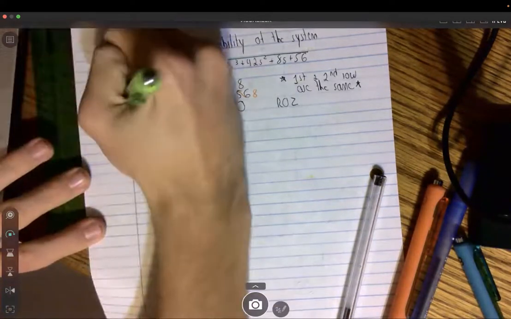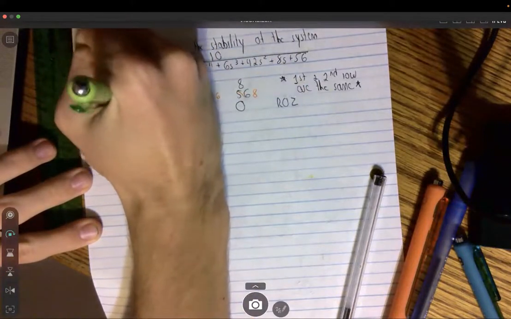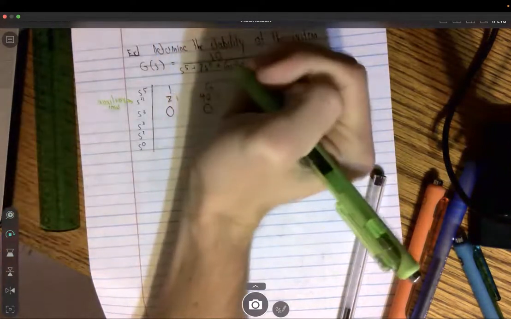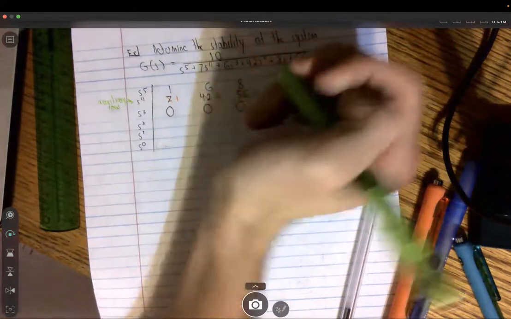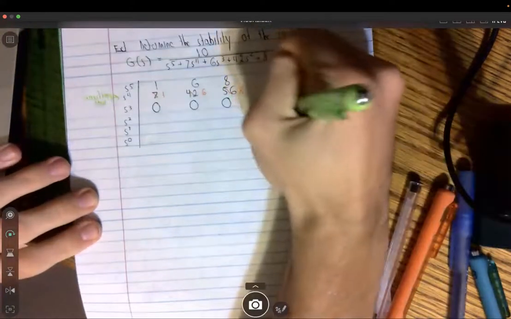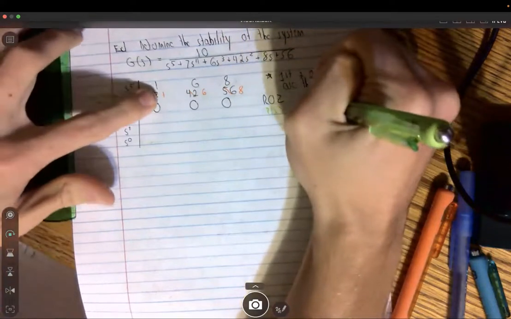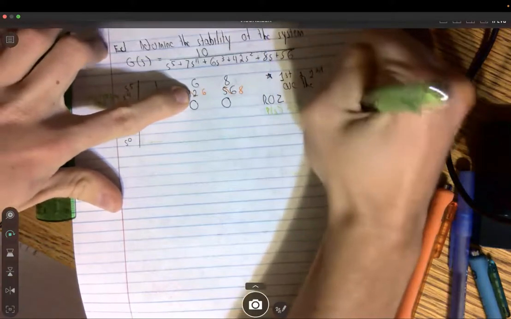The auxiliary row right here for the s to the power of 4 is this one right here. We're going to use it as our P(s). You're going to make your P(s) from it. So it's going to be s to the power of 4, because this is s to the power of 4, plus 6s to the power of 2 plus 8.